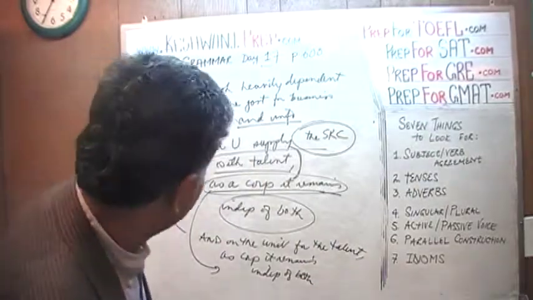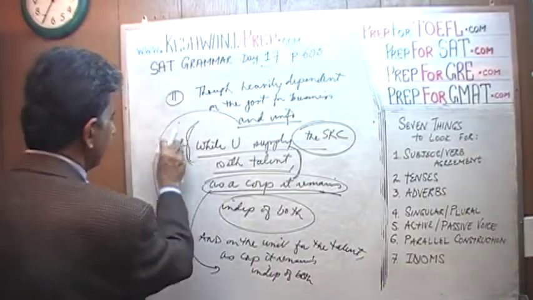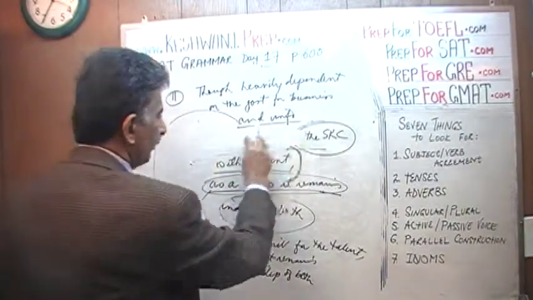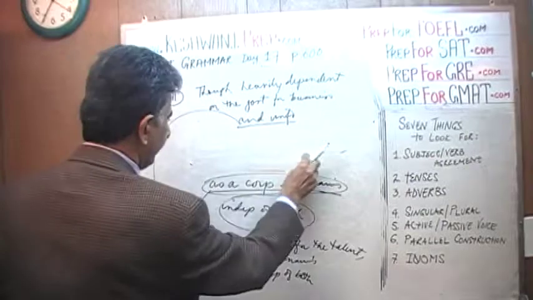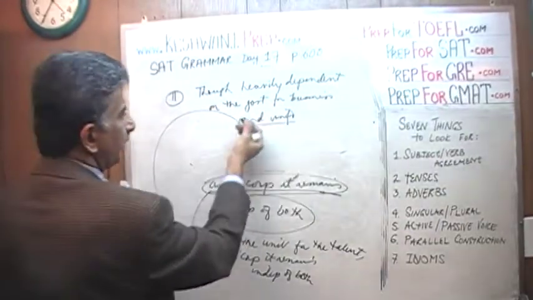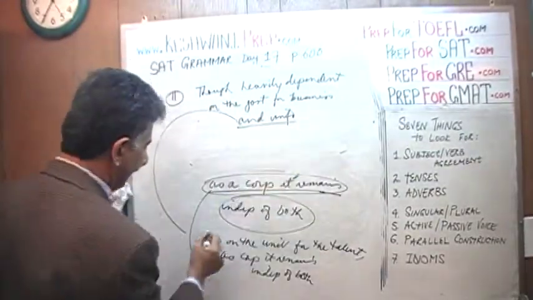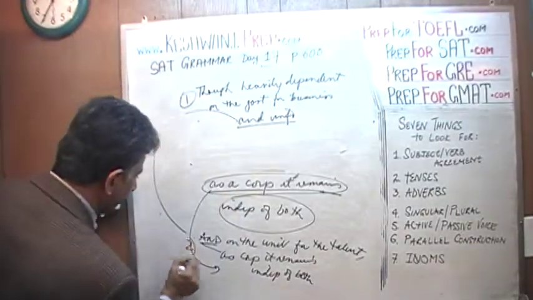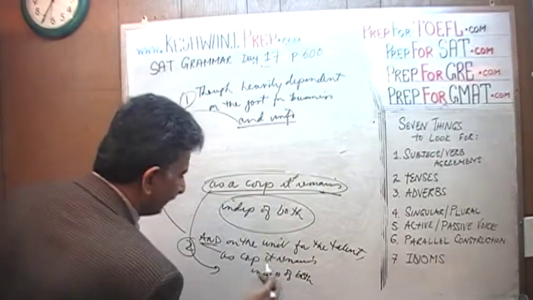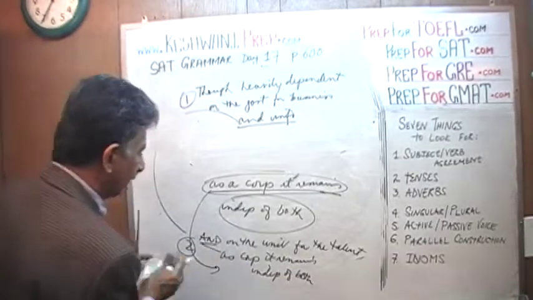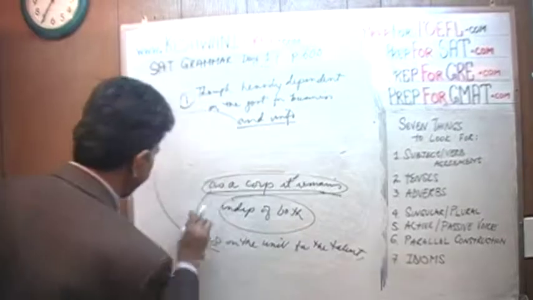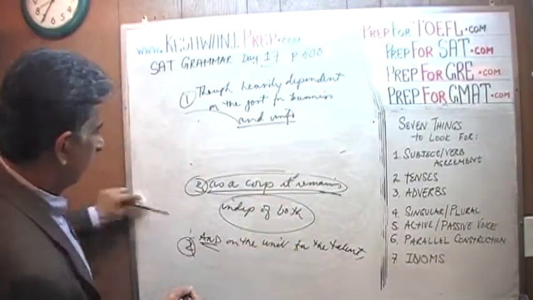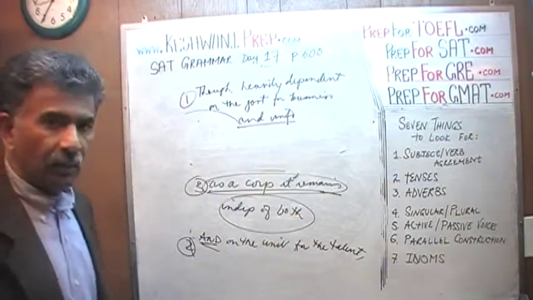So now the sentence reads like this. Instead of saying while universities supply, now it reads like this. Though heavily dependent on the government for business and information, and, so this is the first part, and on the university for the talent, as a corporation, it remains independent of both.